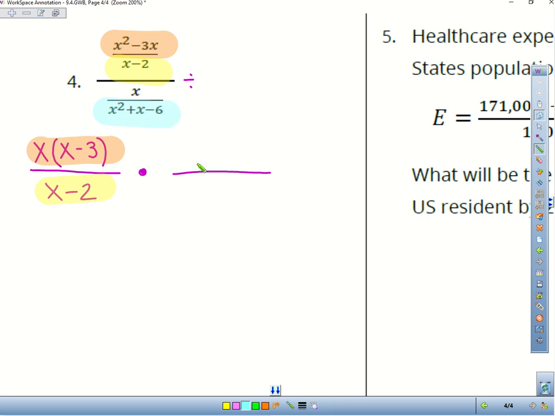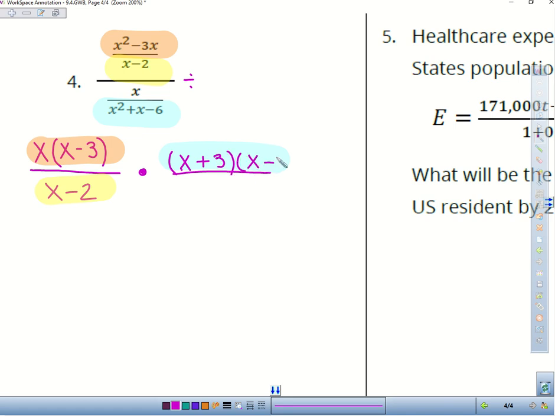So what's now on the top was on the bottom, and that's going to factor into x plus 3 times x minus 2. And then we have that x that was on the top that is now on the bottom. So any questions about how I got to that point?